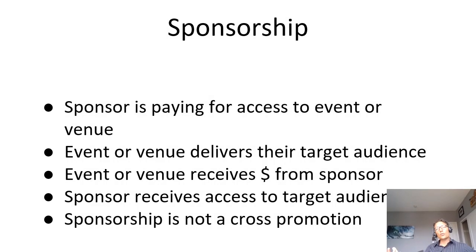But don't confuse cross promotions with sponsorships. Sponsorships, like if you heard Visa, proud sponsor of the 2020 Olympics. Is that a cross promotion? Here's two companies working together. No, it's not. A sponsorship is where one of the two partners is paying for access, paying for affiliation with the other company.